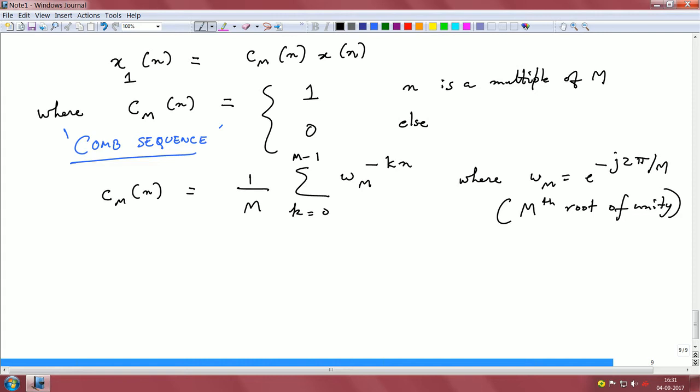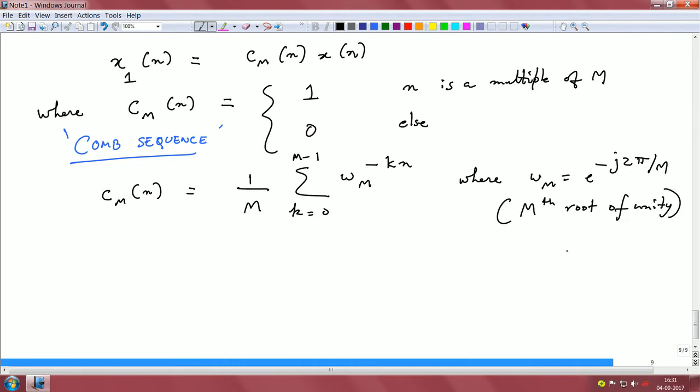So you are adding 1 1 1 1, m such copies, and m upon m is basically 1. If it is not an integer multiple of m, we are summing the roots of unity, and the summation of the roots of unity is 0.